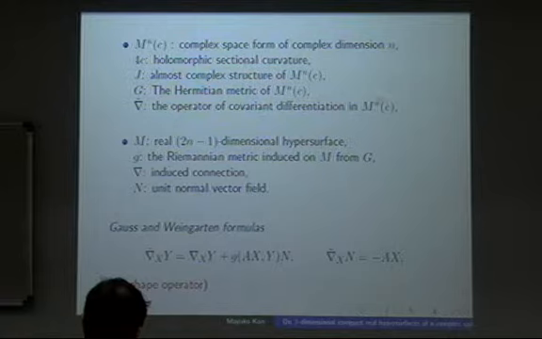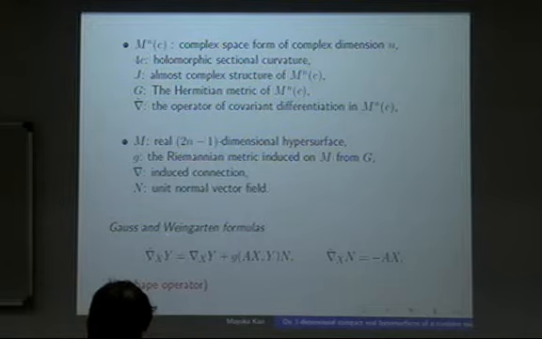And let M denote the real 2n-1 dimensional hypersurface with its induced metric g, induced connection nabla, and N denotes the unit normal vector field. Then we have the Gauss and Weingarten formulas.